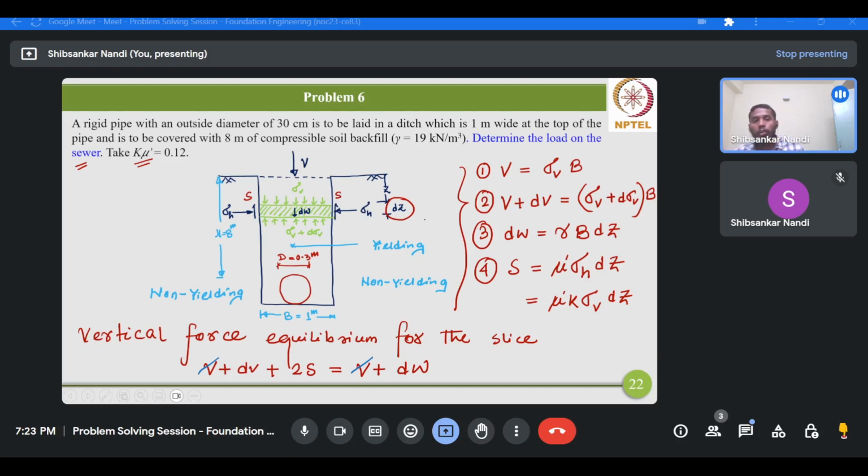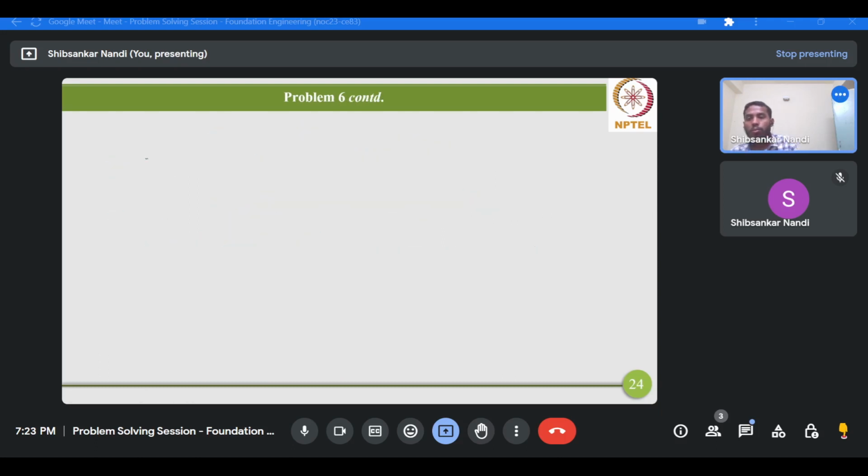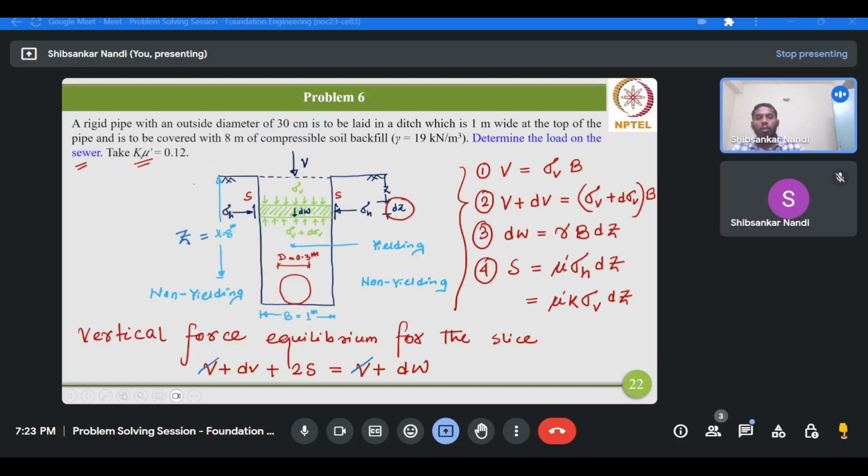Now if you need to determine the load on the pipe, we'll consider this z as H, and this value is 8 meter. So if you consider z equals H equals 8 meter, then the calculated V value will give you the load on the pipe.